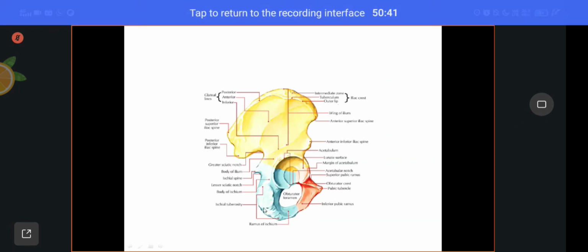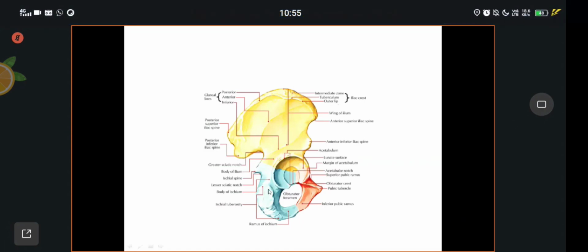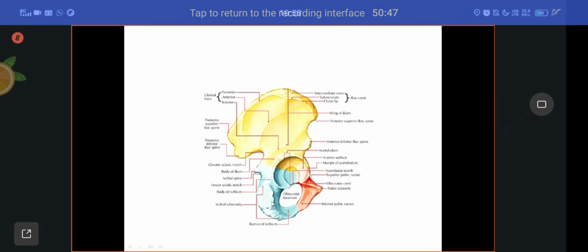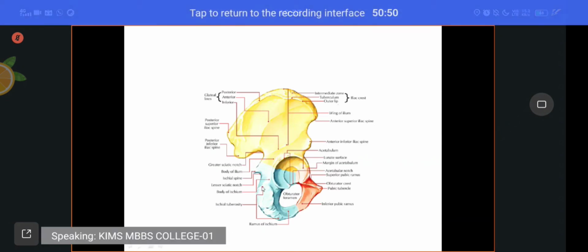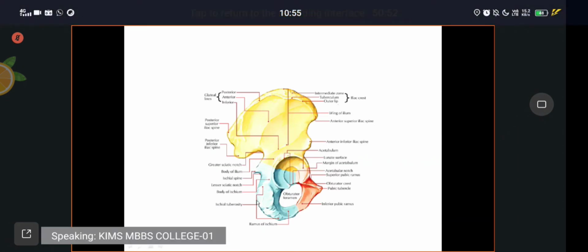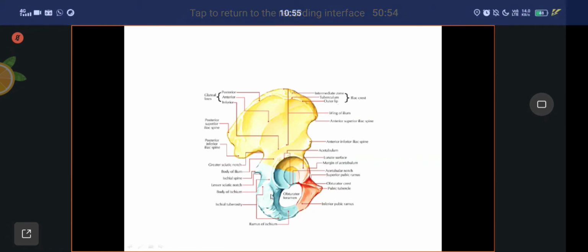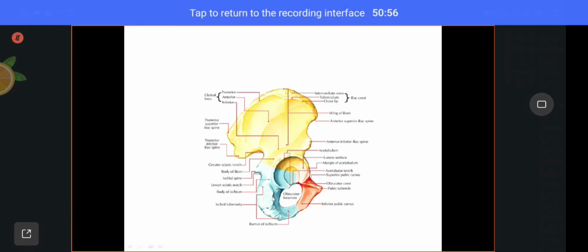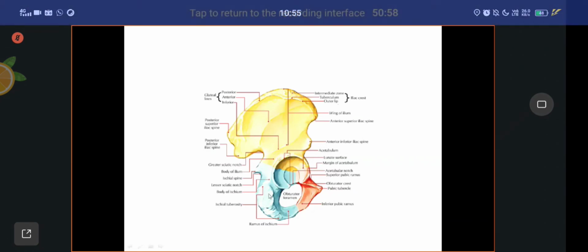The upper quadrilateral area is again divided by an oblique line into supralateral and inframedial areas. The supralateral area gives attachment to semimembranosus, and the inframedial area gives attachment to semitendinosus and biceps femoris.